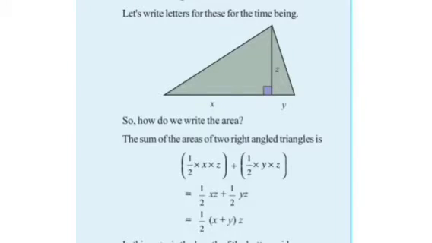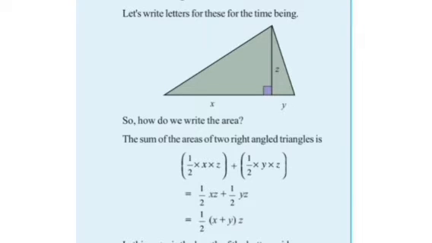Okay. How do we find the area of this triangle? First, we denote the lengths as x and y, and the perpendicular distance as z.